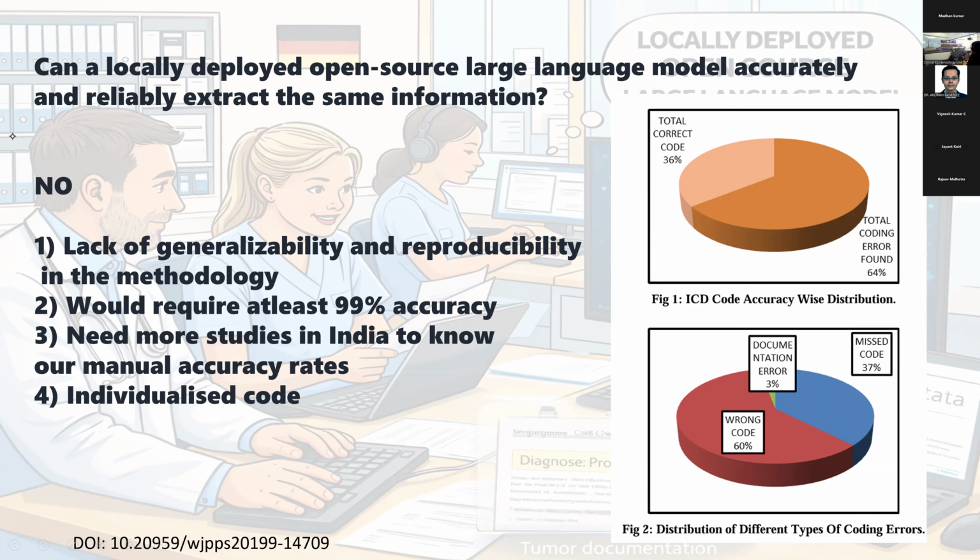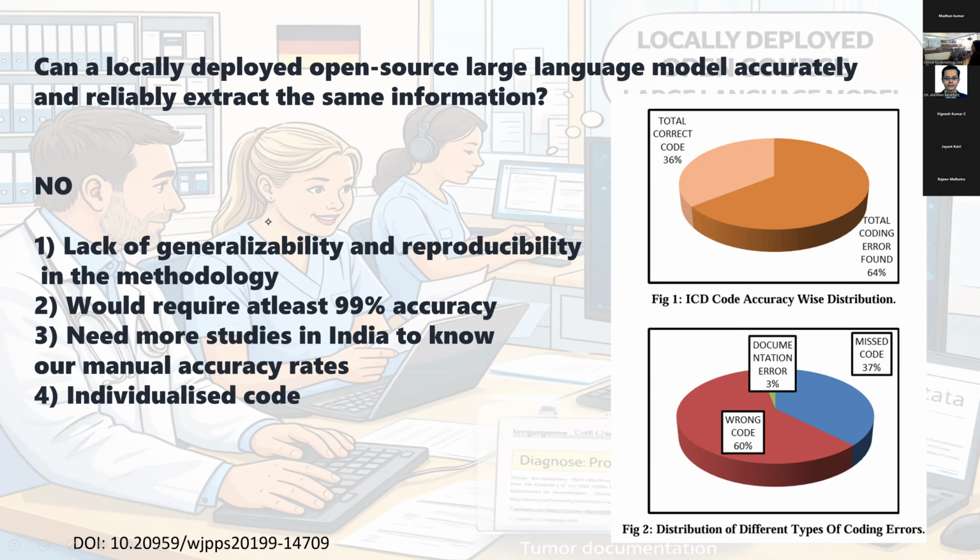It's a set, at least our discharge summaries have around 5 to 6 diagnoses on average. And the AI has to be trained enough to confidently put all of these 5 to 6 diagnoses and label the correct ICD codes. So that requires a lot of training, and the computational cost associated with this will also rise.